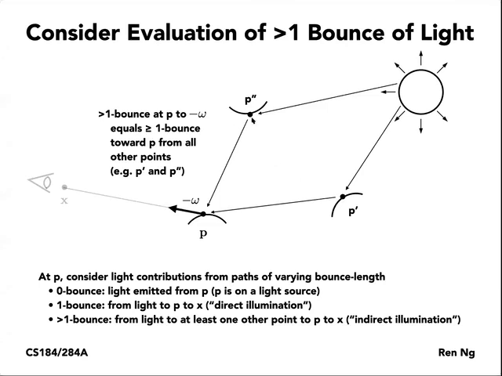Okay, so that's the way that we're going to bookkeep it. Again, 0 bounce, 1 bounce, strictly greater than 1 bounce, and an observation that strictly greater than 1 bounce at P towards negative omega is equal to at least 1 bounce towards P from some other point in the scene.